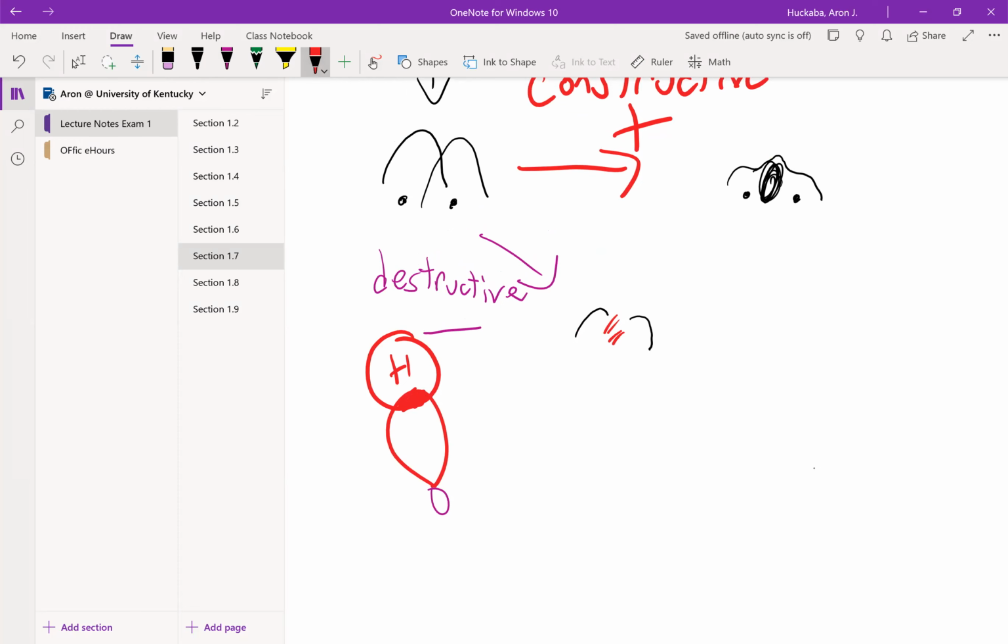So let's draw that again. So that's the constructive, the positive. But if it's destructive, so see, these are two different phases here, the red and the purple. If the hydrogen now is the purple phase, then this is destructive, and there's no bonding event because there's no positive interaction there with the hydrogen.